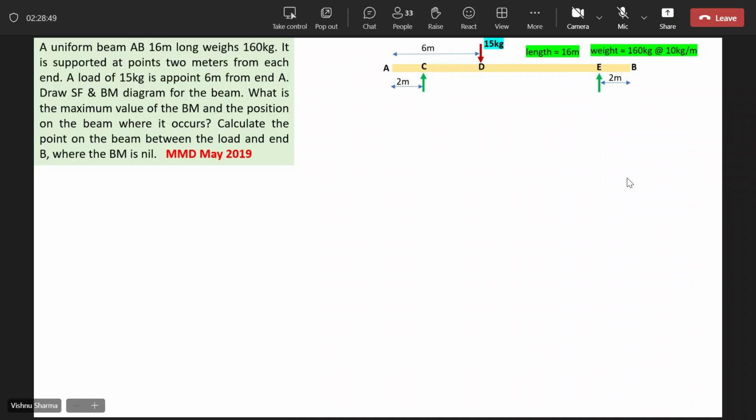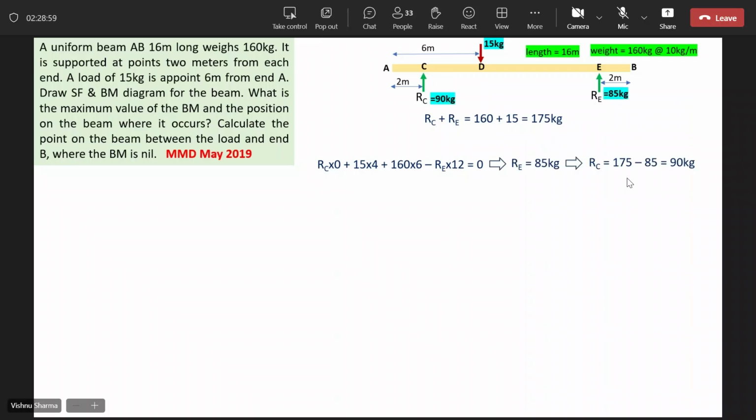90 and 85. 90 and 85. Yeah, so that's what I'm saying. No? Where are you mixing it up? I have it with me. It's 90 and 85. 90 on the left side. Correct, class?